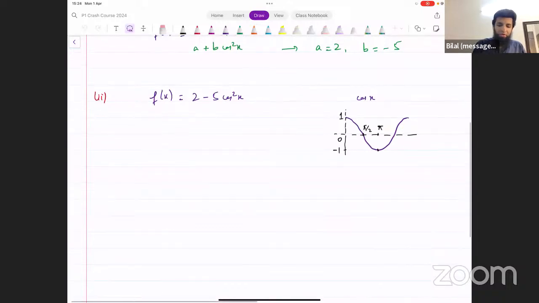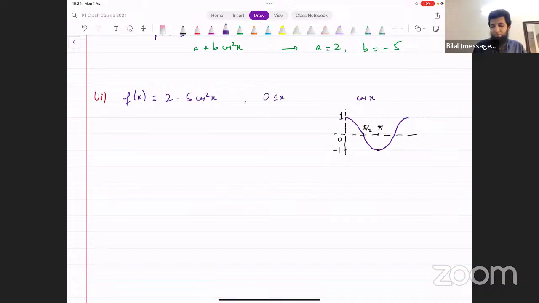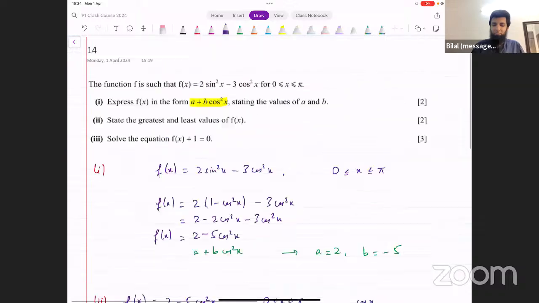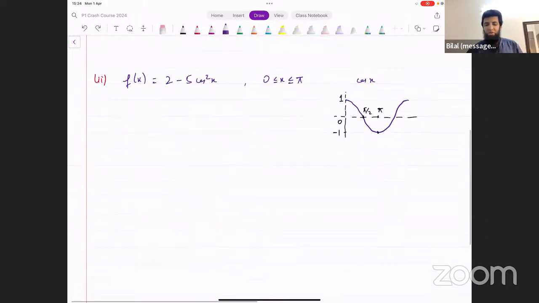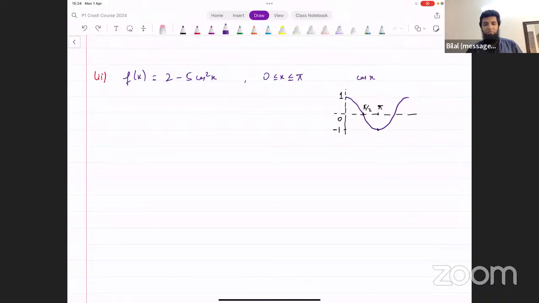The domain of the function that we're given, what's that? The domain of the function is from 0 to pi. That's what they've given us, 0 to pi. So which part of this cos function is valid? This is not the graph of 2 minus 5 cos square x. Remember this. I'm just thinking about what the maximum and minimum value of cos is. All right. So the cos graph looks like this.